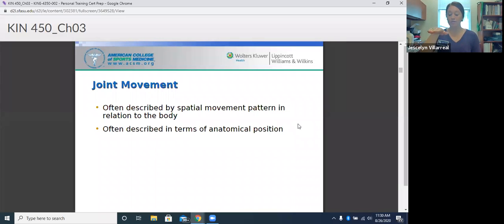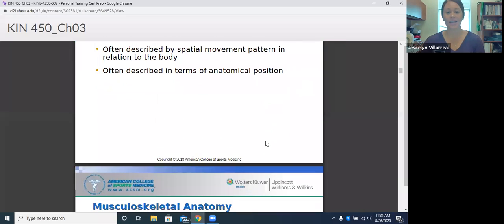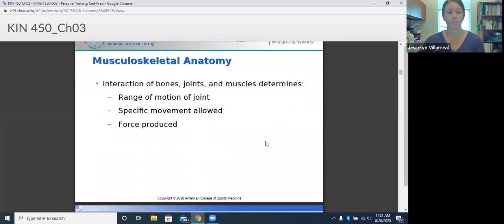Inversion, adduction of the ankle, I might turn more into the midline. So adduction is inversion, closer to the midline. Abduction is eversion, away from the midline. So start to practice that. I think getting up and moving is going to help you.